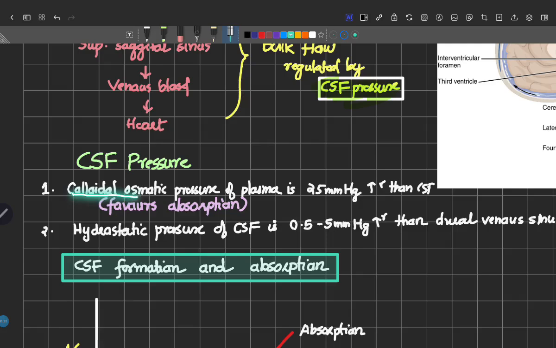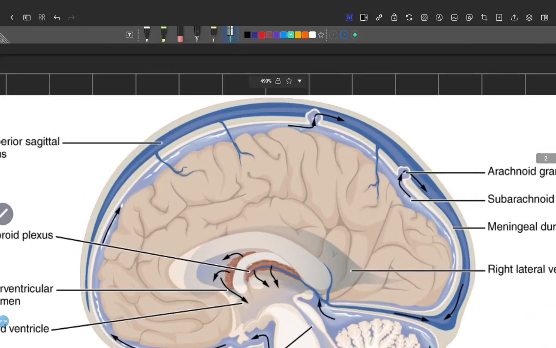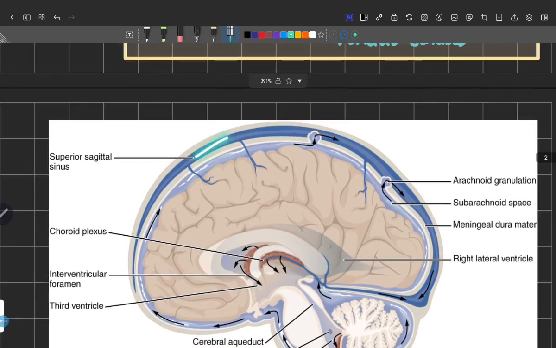The colloidal osmotic pressure of plasma is 25 millimeters of mercury higher than that of CSF. What does that mean? Basically, this will be the blood component, as it is the dural venous sinuses. Then you have the arachnoid space here, which has the CSF.